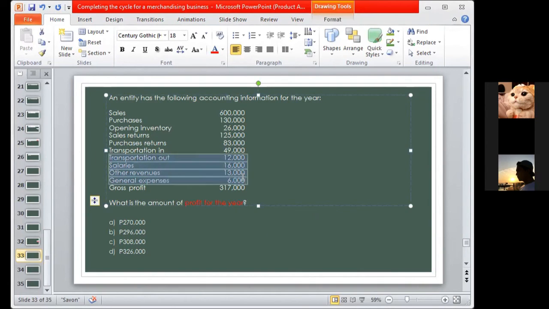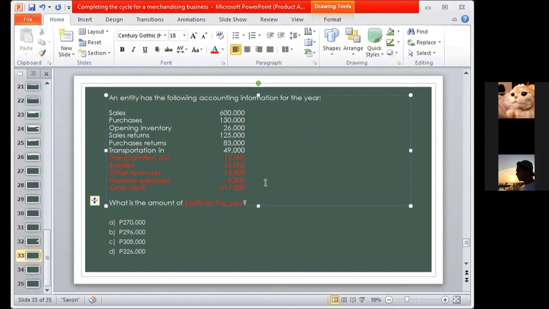Minus ko po sa 300 sa gross profit. So itong lima ang ginamit mo. Opo. 317,000 binawas mo itong apat. Opo. So ang naging sagot mo is 270.